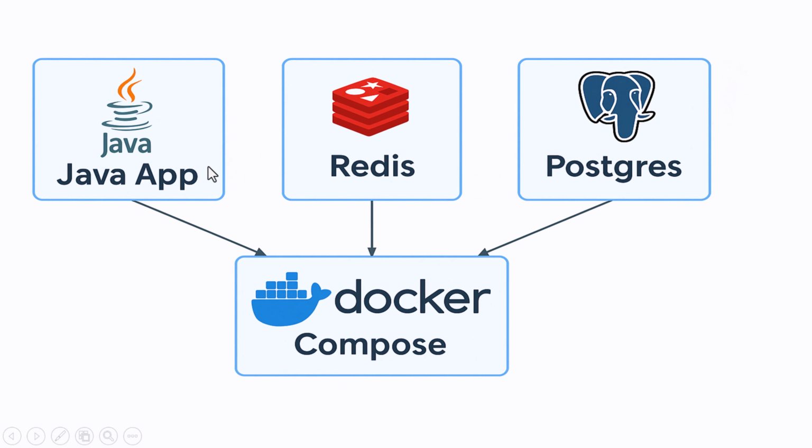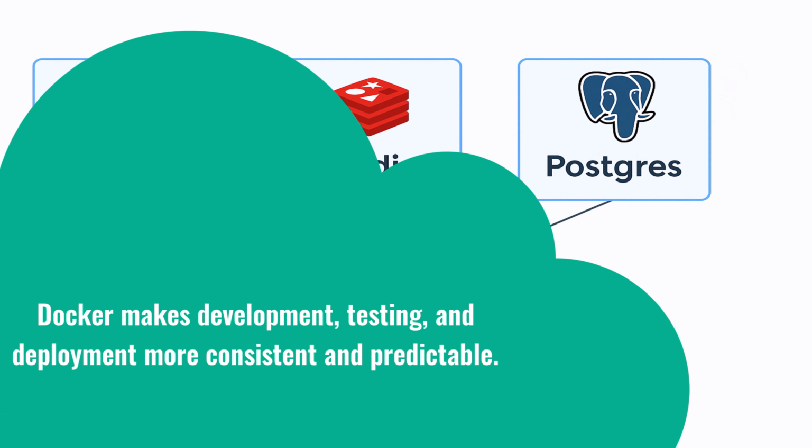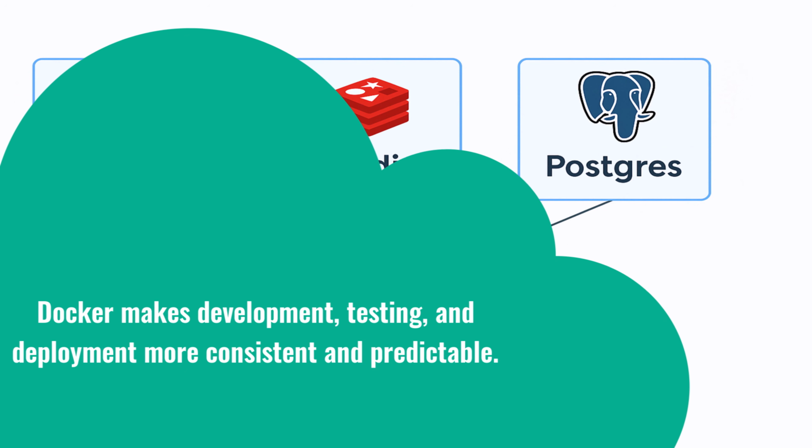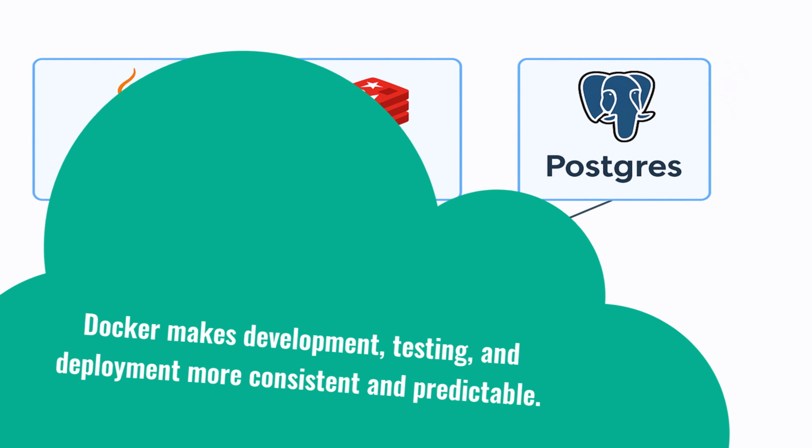You can even use something called Docker Compose to define how all these containers work together, so you can bring up your entire environment with a single command. That's powerful. It means every developer on your team runs the same stack, and your test and production environments match your local setup exactly.